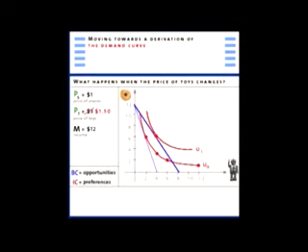Our blue line here represents his opportunities with an income of $12 and a price of toys of $1.50 each. What's Chris going to do? As usual, he's going to look for the combination of toys and snacks that gives him the most satisfaction subject to this budget constraint.